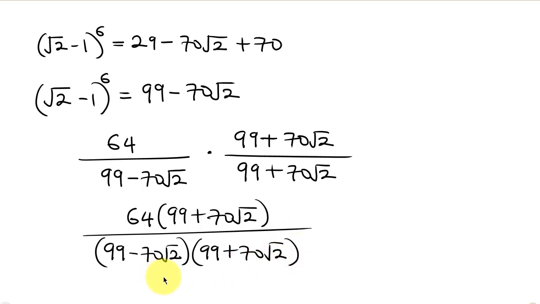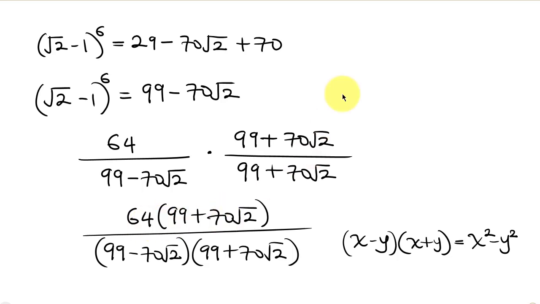Very good. Now notice that what I have on the denominator looks exactly like x minus y times x plus y. Very good. And an expression like this is an expression in difference of two squares. Very good. So that means this expression can be expressed like this.